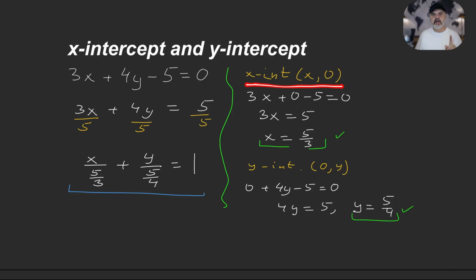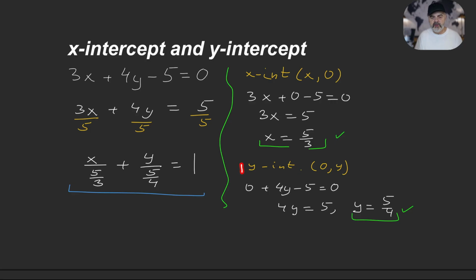X-intercept means y is equal to 0. So imagine this is 0, and you're solving the new equation for x. So 3x plus 0 minus 5 is equal to 0, because of the x-intercept, y is gone. You're solving it for x, and you get 5 over 3, which is the same as this one, right? It must be the same.